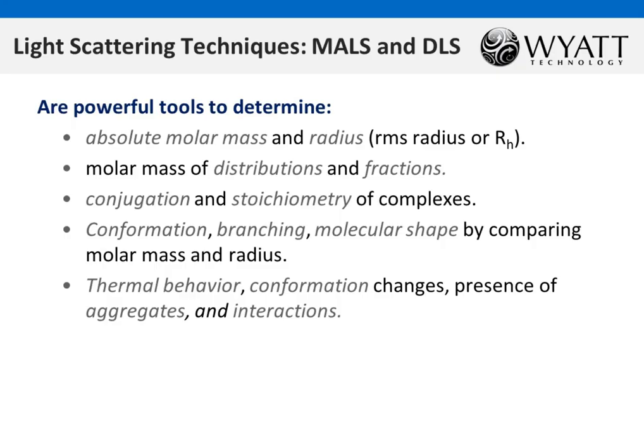Conjugation and stoichiometry of complexes may be determined by comparing molar mass and radius, or even just the radii obtained from MALS and DLS. We may learn more about conformation, branching, and molecular shape.